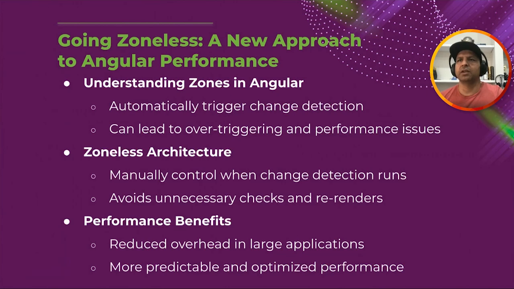We know that Angular relies on Zone.js, which makes development easier, but it's quite an overhead. So by going zoneless, we can manually control when change detection runs, and that allows us to optimize performance even further.